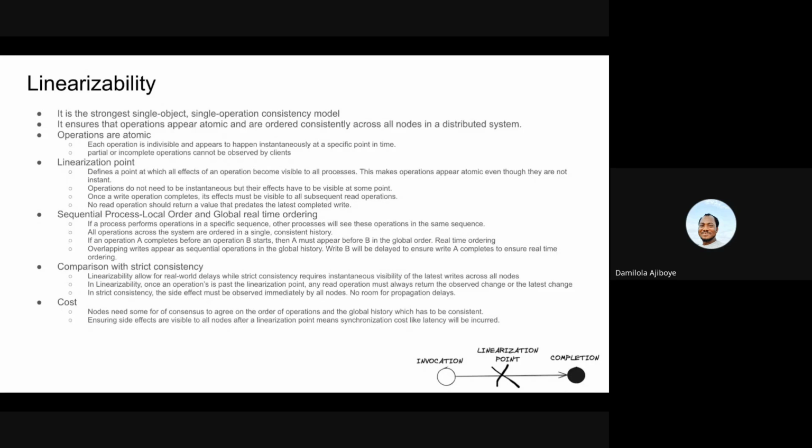And then the ordering also incurs some cost, because nodes have to come up with some form of consensus to agree on the order of operations, both in terms of sequential process order and the global order as well.